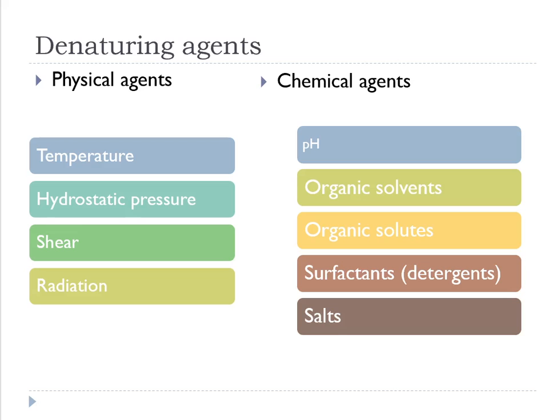They can be physical agents like temperature, hydrostatic pressure, shear, like mixing and blending, or irradiation waves, and also they can be chemical agents like changing the pH, organic solvents, some low molecular weight organic solids, surfactants or salts.